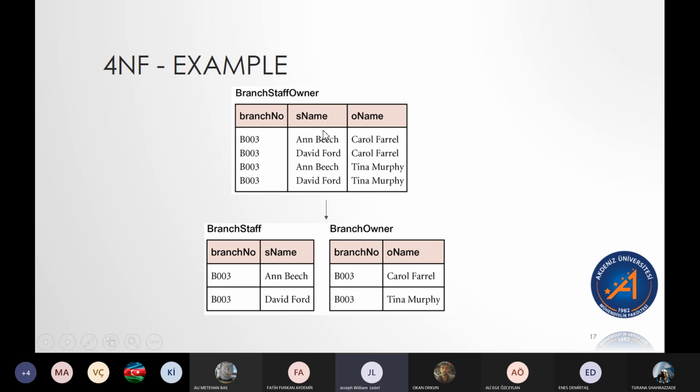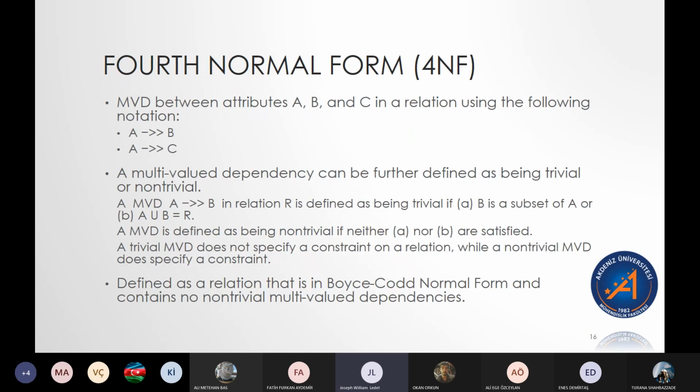And that's where the problem is: there's not a single full dependency we're looking at. There's two full dependencies. The branch number is determined by staff name, and it's also determined by owner name. Okay. So that's fourth normal form. This whole idea is the multi-valued dependency attributes.